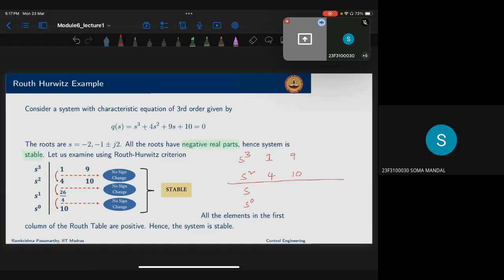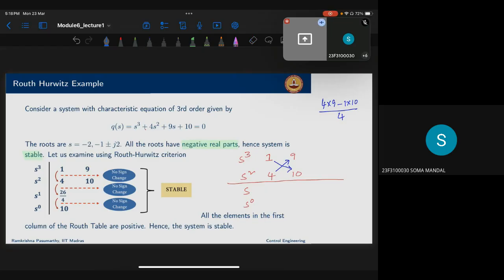It means that all the coefficients will be fitted in the first two rows itself. Now, how do we find this? We find 4 multiplied by 9 minus 1 multiplied by 10, divided by 4. How much is it? 36 minus 10, that is 26 by 4.